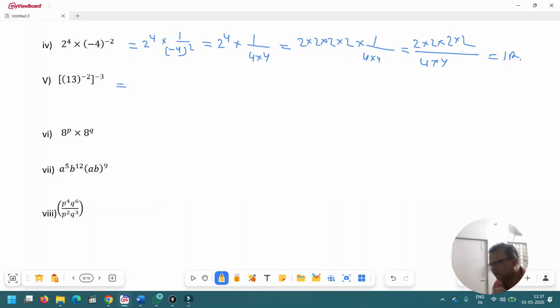Equal to 10 to the power minus 2 by 13 to the power minus 2 to the power 3, equal to 10 to the power minus 6 by 13 to the power 6.